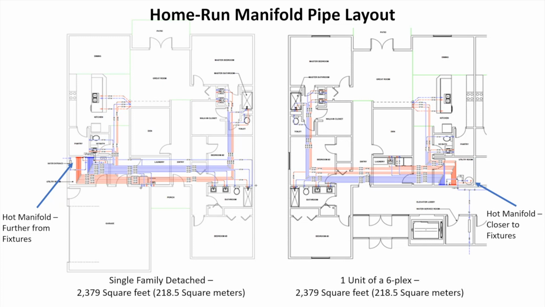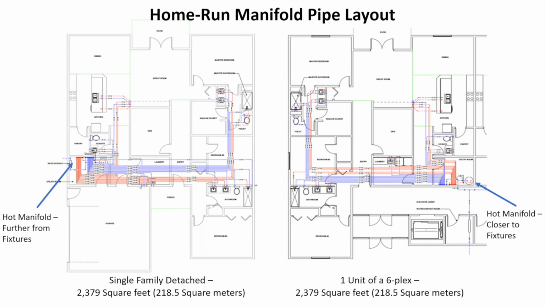Someone chose to put this on as a diagram. In the case of the left-hand building, the single-family detached, the water heater is to the right, and the manifold is shown as further away from the fixtures. And because it's further away, you add volume to every single one of what I'll call the twigs that go to each fixture.